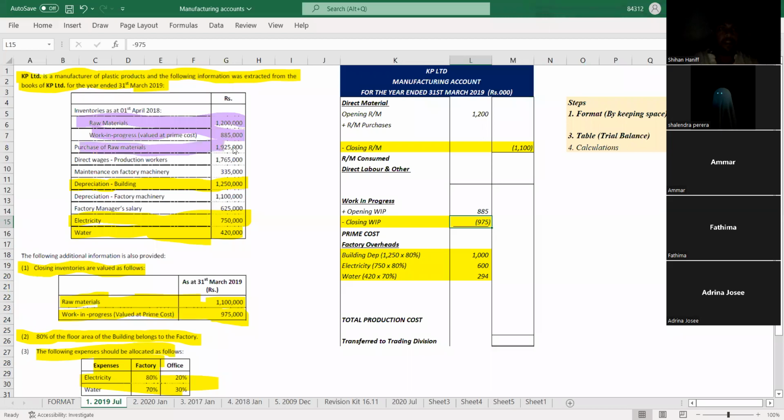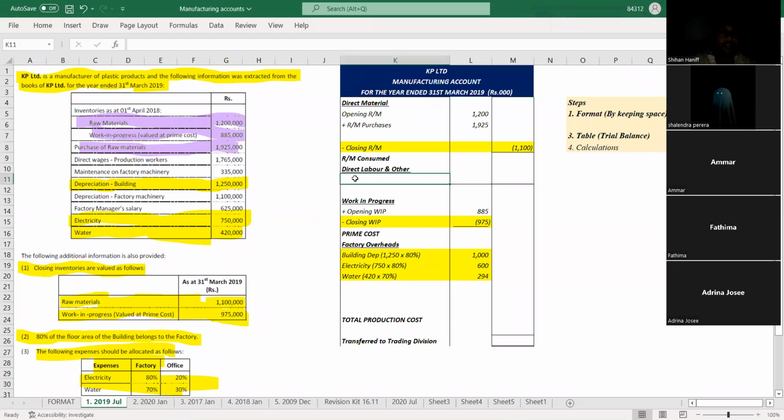Purchase of raw material. So that is purchases here. 1925. Direct wages, production workers.